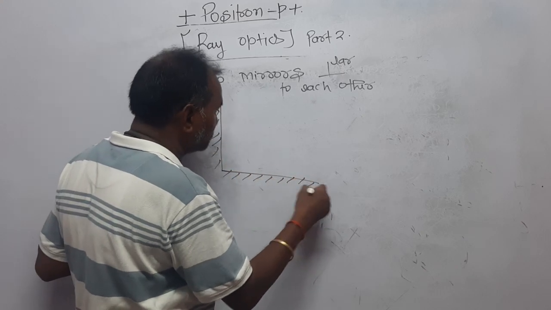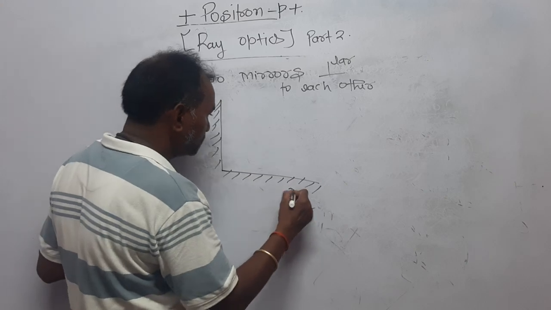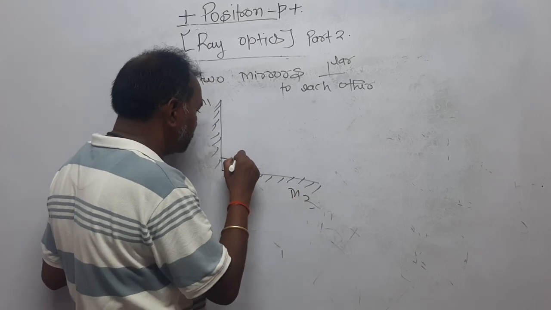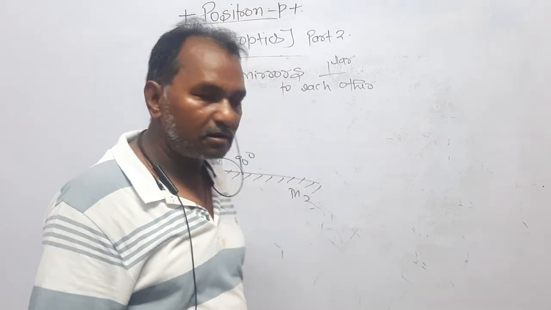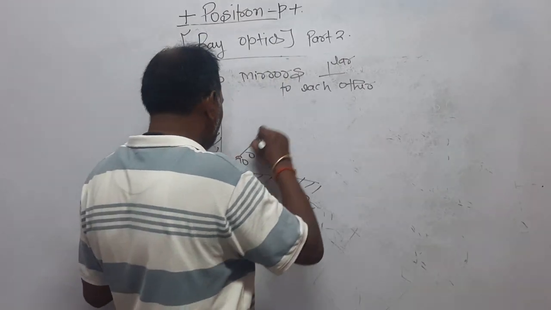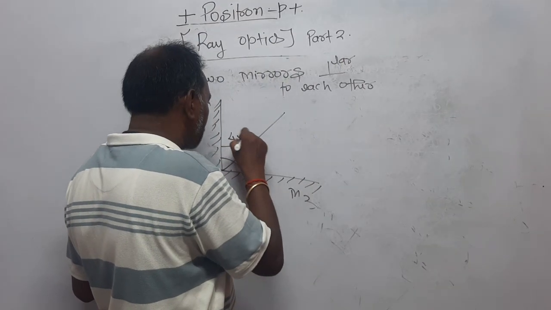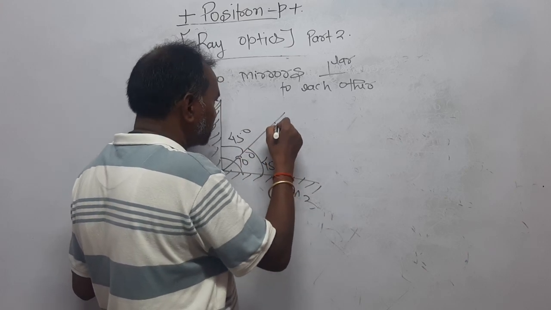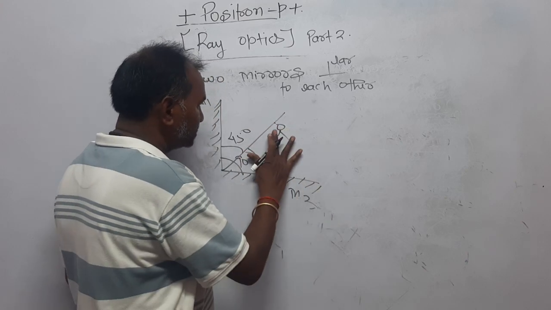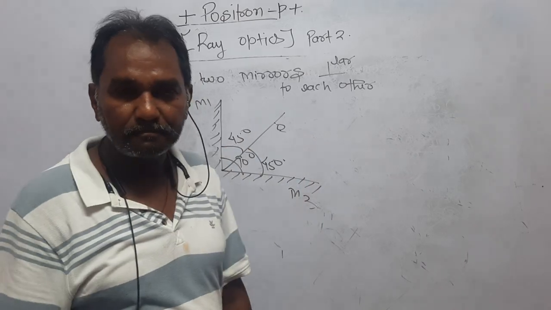This is M1 and M2. The angle between them is 90 degrees. First, I am taking the object symmetrical, that is, at 45 degrees. This is at 45 degrees, right? And the object is somewhere on this line. This is the object on this line.